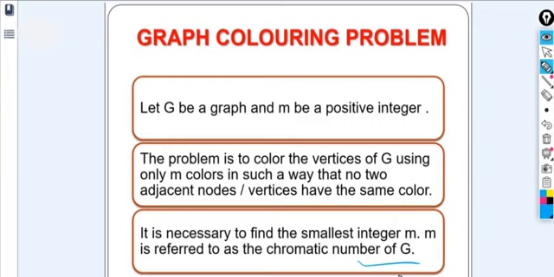The chromatic number is the number of colors used to color all the vertices of a graph G, right? So we have to find out how many colors we need to color all the vertices of a graph using the backtracking concept. So let's start with the problem. We will take an example to get clarity.